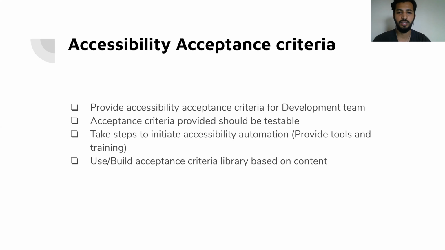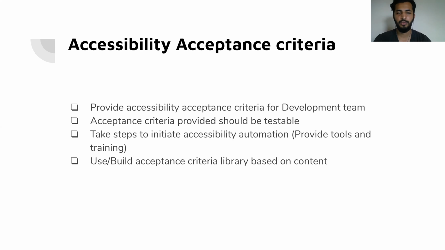So the acceptance criteria should be defined in a way that the developers can actually test those content while they're building it, just to make sure the back and forth is minimum. And they also have an understanding that their content needs to meet a certain level, not just from UI perspective, but also from accessibility perspective.